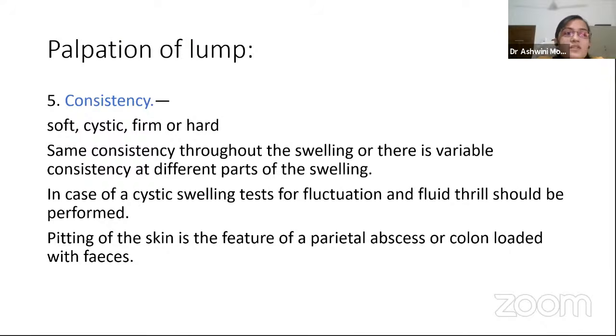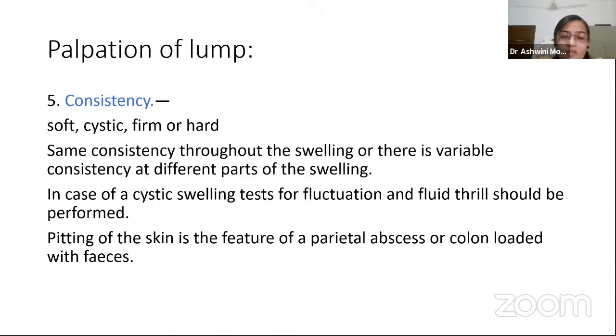After that, the consistency of the swelling or lump is important. Is it soft, cystic, firm, or hard? Is the consistency the same throughout the swelling, or is there any variability? In case of cystic swelling, the test for fluctuation or fluid thrill should be performed, and pitting of the skin is the feature of a parietal abscess or a colon loaded with feces.